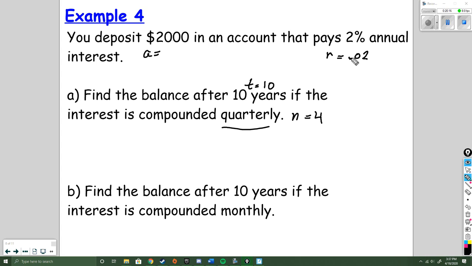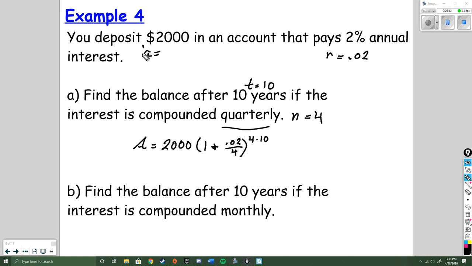Now, just inputting those values into our equation, we would have A equals 2,000 times 1 plus 0.02 on 4 to the 4 times 10 power. So that's A equals P, the principal.